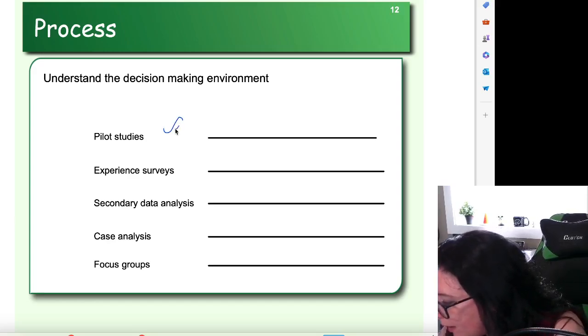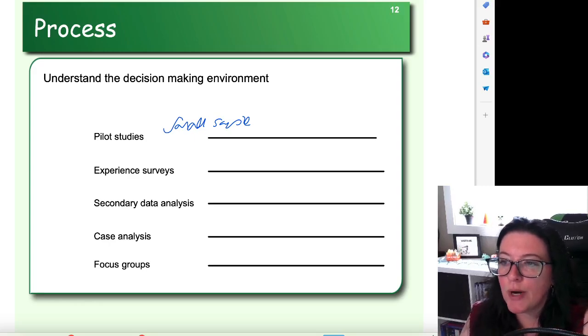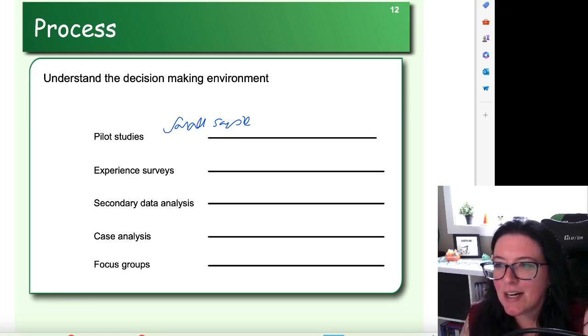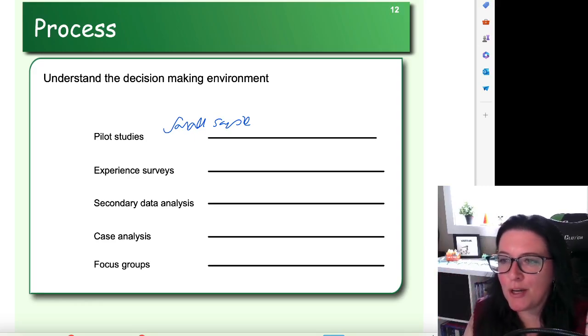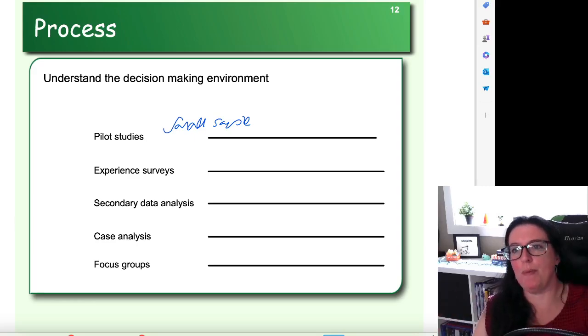A pilot study is where you have a very small sample. It's not going to have very rigorous research techniques. The idea here is to get information from a small group before you can then extrapolate and see if it's true with the bigger group.